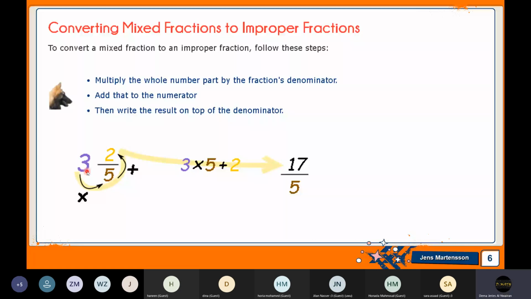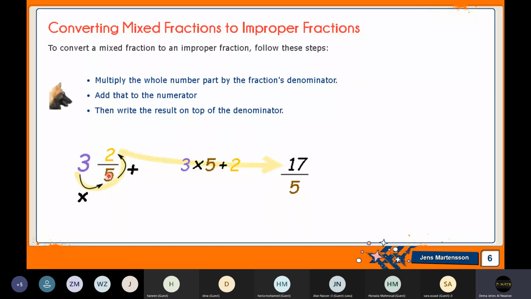So 3 times 5 is 15, plus 2 is 17. So you will keep it as 17, and that will be the numerator, and down, keep the 5 as it is.